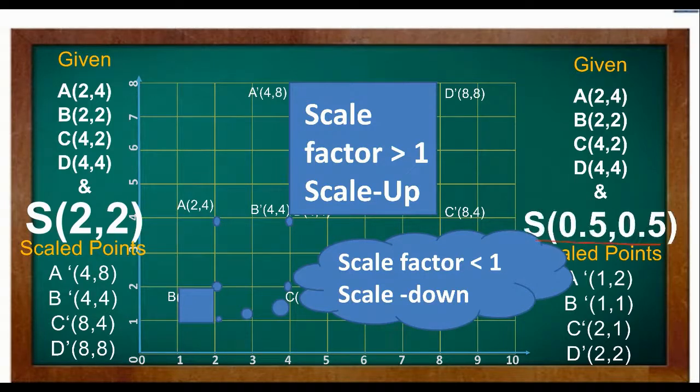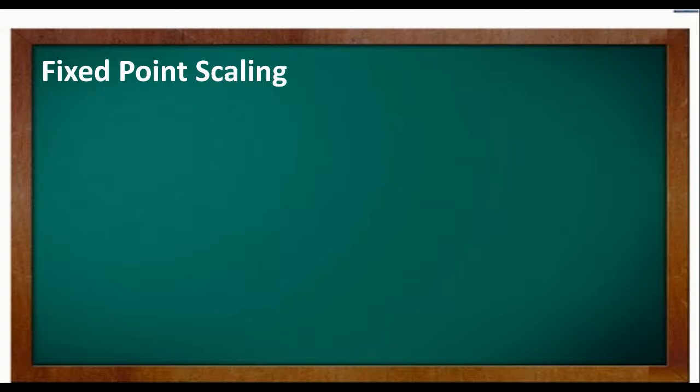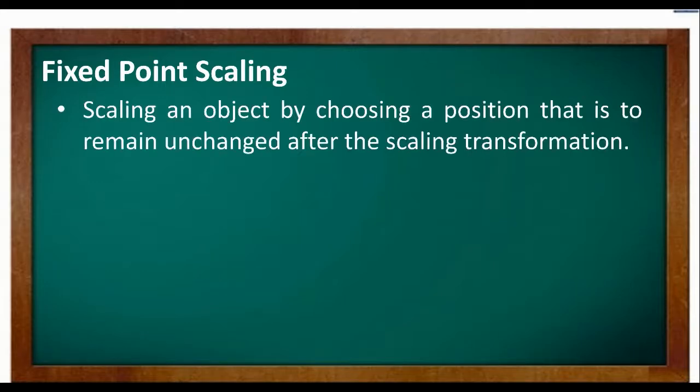There is also one more important thing we can notice here. We call it as fixed point scaling. Normally, when a scaling is applied, it is applied with respect to the origin. The points are calculated with respect to the origin. But if you want to keep a particular point unchanged, then we call it as fixed point scaling.